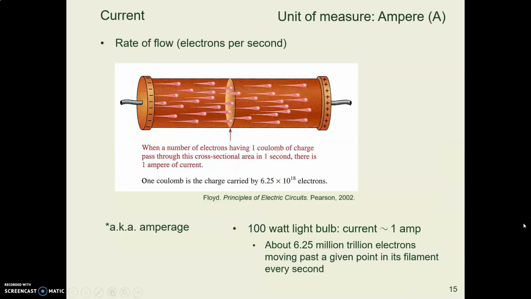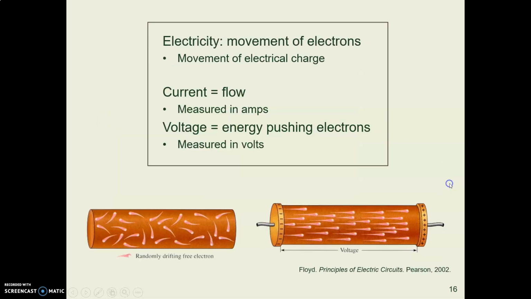And current is the rate of flow. Think of the current in a river. That's what I think of. So current is flow, and the measure of current is the ampere. We always call it amp for short. So amps are a measure of the rate of flow, how much electrical charge is flowing through our wire.